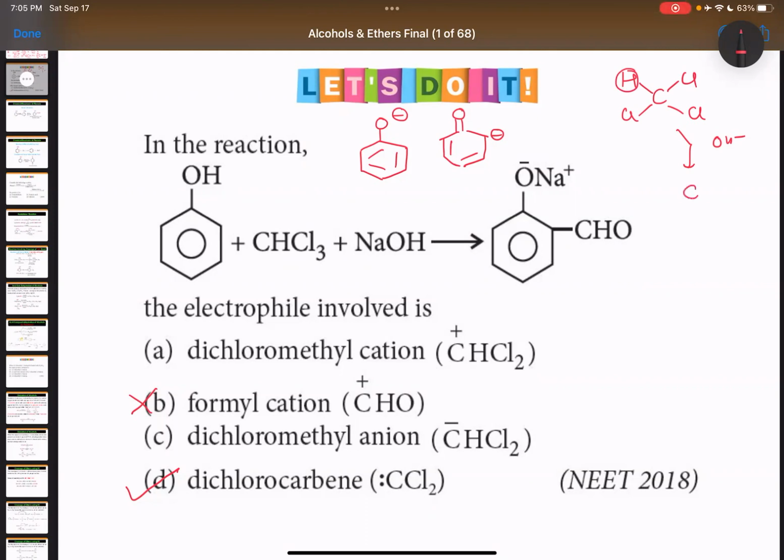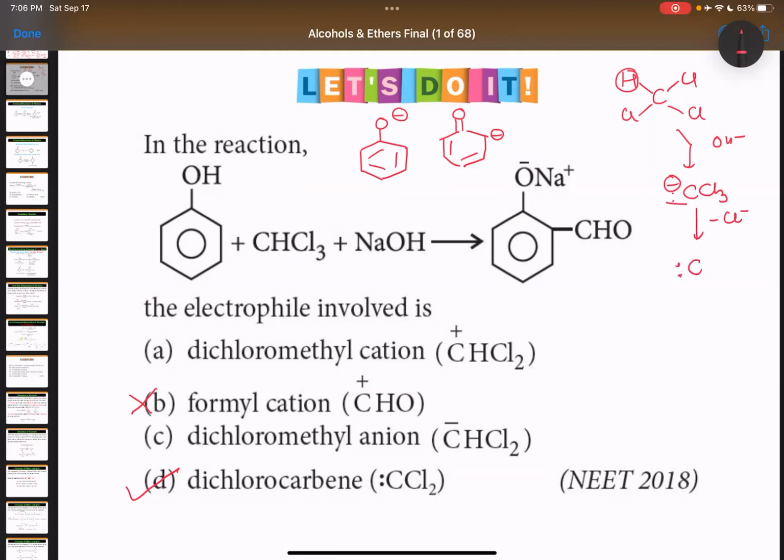So H plus is abstracted, and it forms CCl3 minus. So this is one of the intermediates. And in the second step, Cl is a good leaving group, so it also comes out. And already there is a minus. When Cl comes out, it forms CCl2.